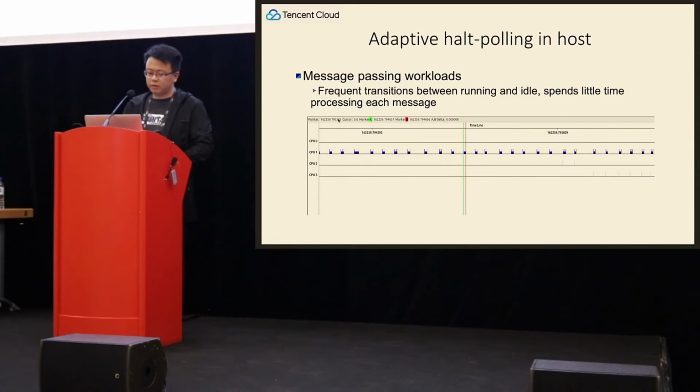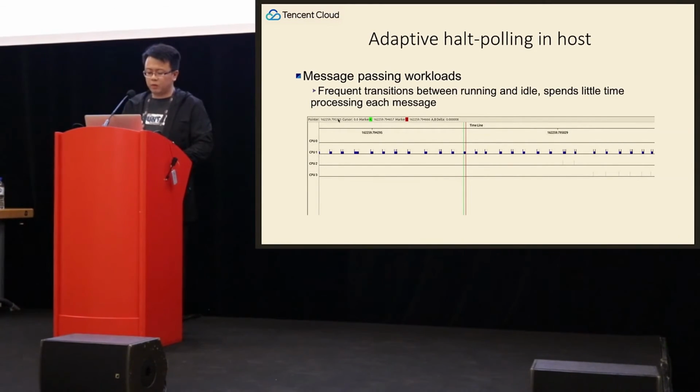So each time the Windows guest handles the timer interrupt, it will stay idle until the next timer interrupt. So it can idle for a longer time. Unlike the message passing workload, which switches between running and idle frequently and has a short halt, the idle Windows guest has a long halt.